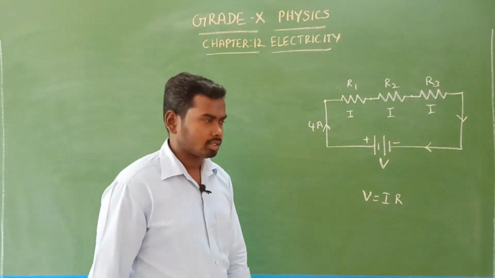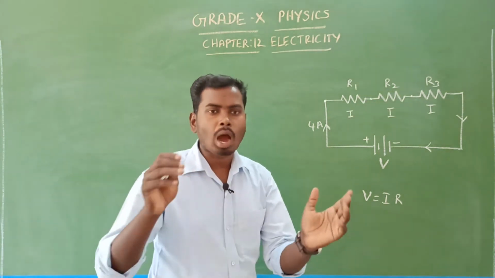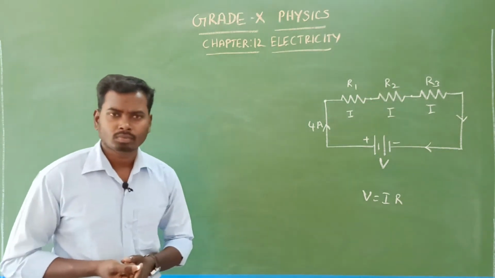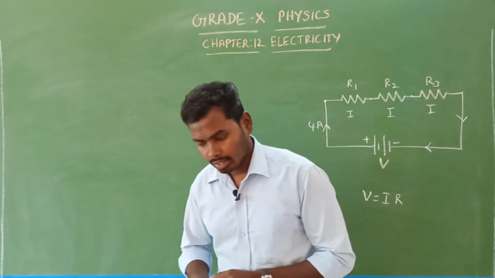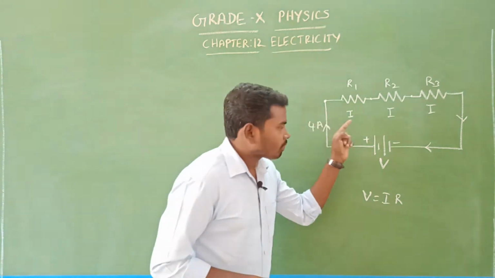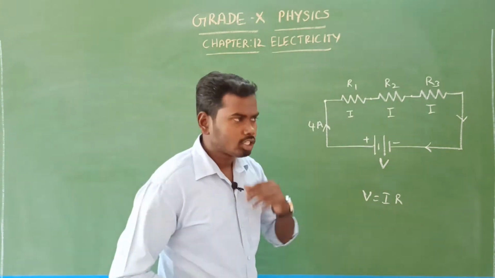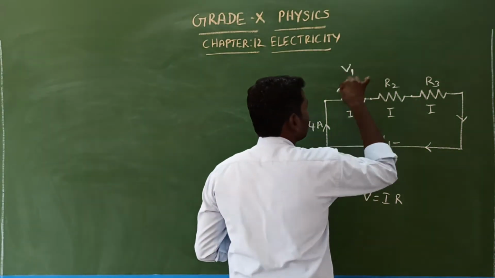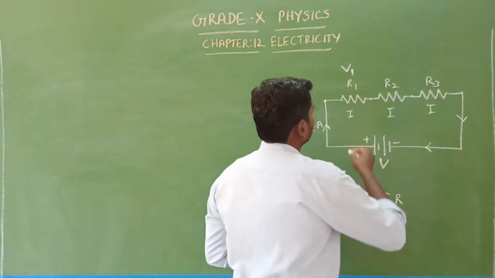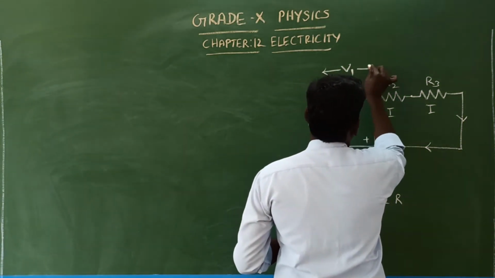Here the different resistors will have different amounts of potential difference. Note this point. We have connected three resistors in series. The resistor R1 will have V1 potential difference across it.